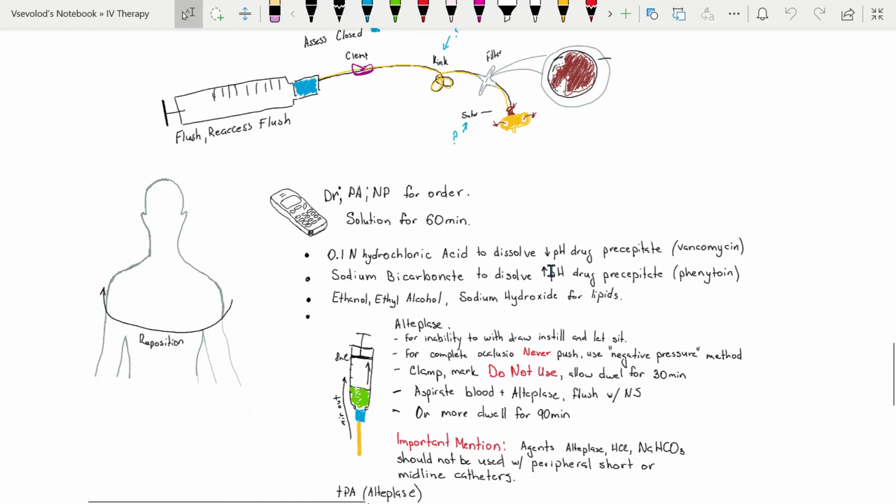Now, for suspected thrombotic occlusion, collaborate with the licensed independent practitioner for orders and treatment. So obtain an order for alteplase. Follow aseptic techniques. For inability to withdraw blood or sluggish flow, unclog the catheter and gently instill medication into the central vascular access device.